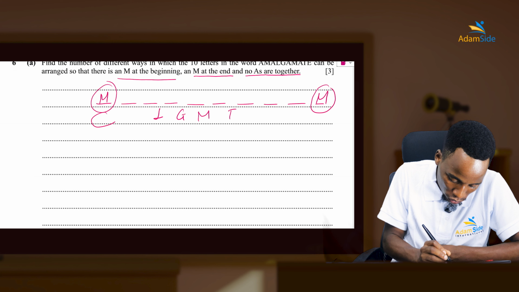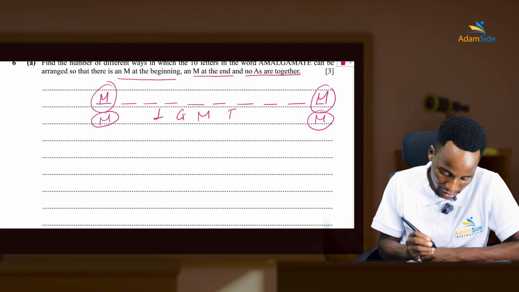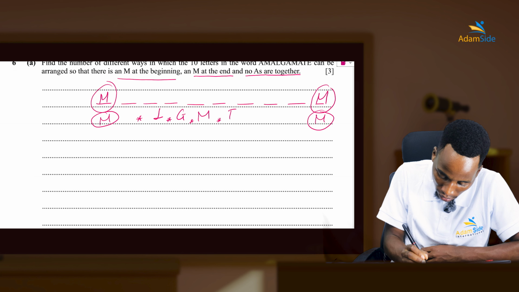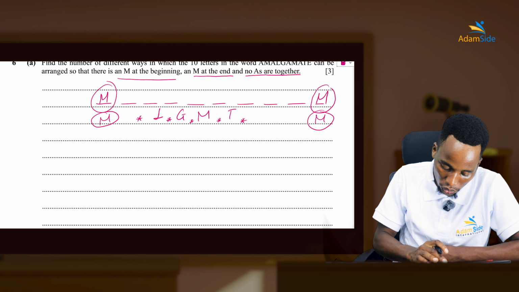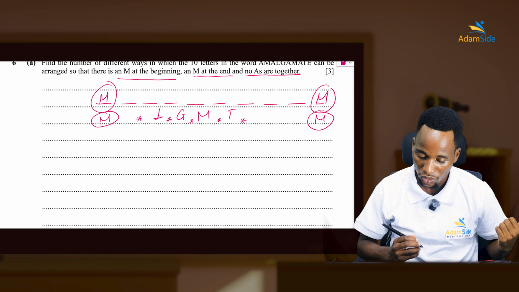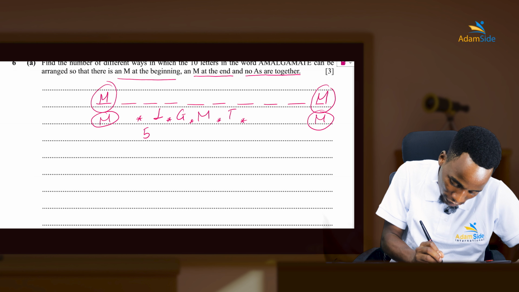So keep M at the beginning and M at the last. The positions that we can keep those A's so that they cannot go together are this position, this position, this position, this position, or this position. So we now have 5 positions that we can keep those 4 A's. So we are going to arrange 4 letters in 5 positions.